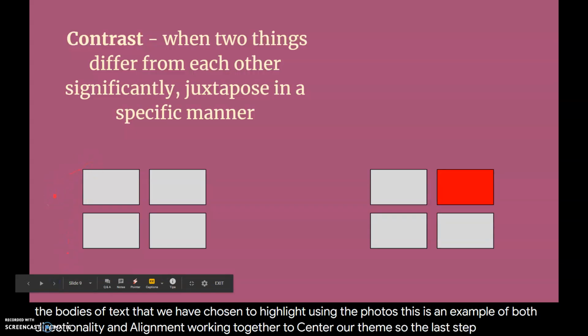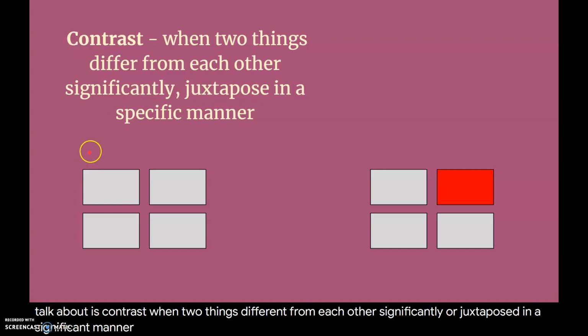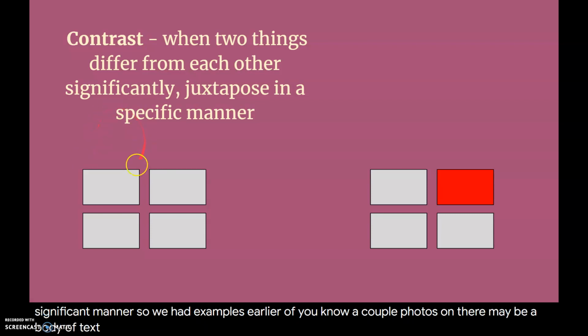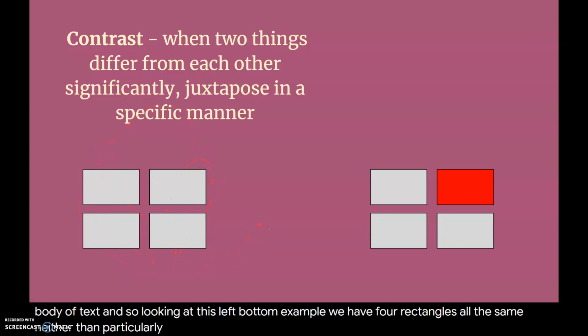So the last definition I want to talk about is contrast, when two things differ from each other significantly or are juxtaposed in a significant manner. So we had examples earlier of a couple photos on there, maybe a body of text. And so looking at this left bottom example, we have 4 rectangles all the same. Neither of them particularly stand out because they all look the same.